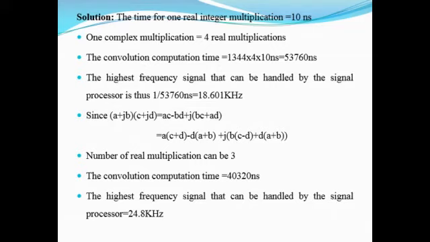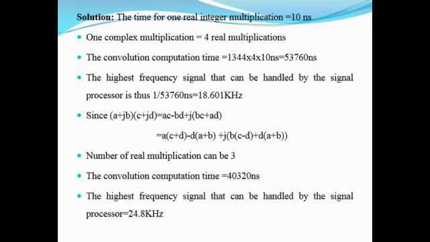Then, if I consider (a plus jb) into (c plus jd), if I multiply and separate the real and imaginary parts, the number of real multiplications will be 3 instead of 4. So the convolution computation time is 40,320 nanoseconds.